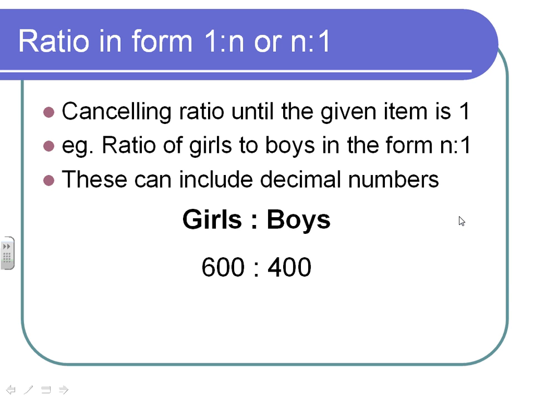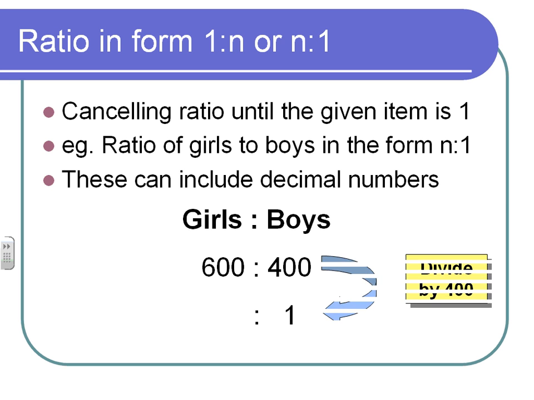So let's look at our girl to boy ratio. We had a ratio of 600 to 400. If we want to reduce this down so one of our quantities is 1, it's easiest to take the ratio that has the smallest amount. So in this case, we're going to do 400. To get 400 to 1, we would divide 400 by 400.